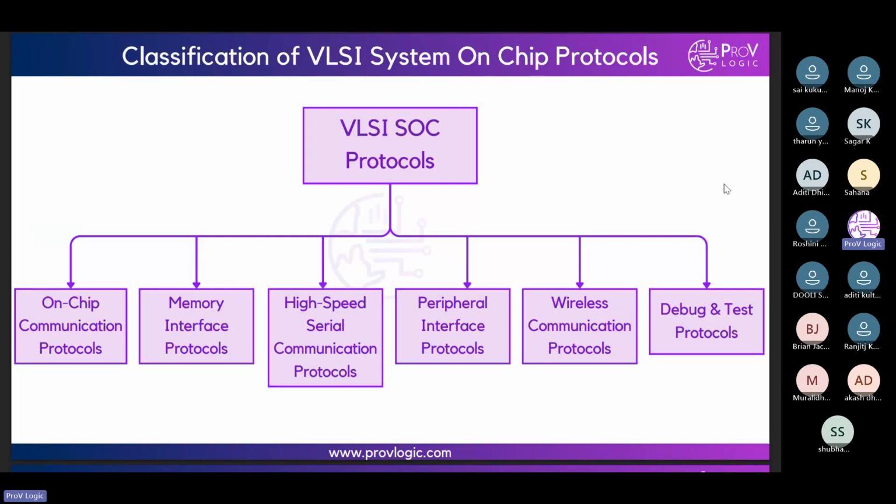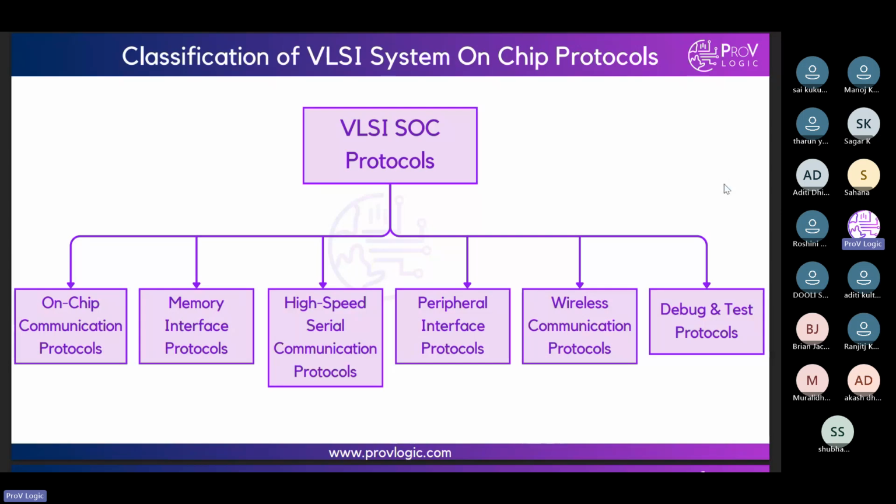Coming to the classification of VLSI system on chip protocols, we have different types: on-chip communication protocols, memory interface protocols, high speed serial protocols, peripheral interface protocols, wireless communication protocols, and debug and test protocols. I think you are hearing about many of these for the first time.